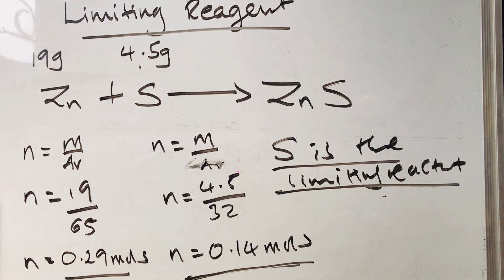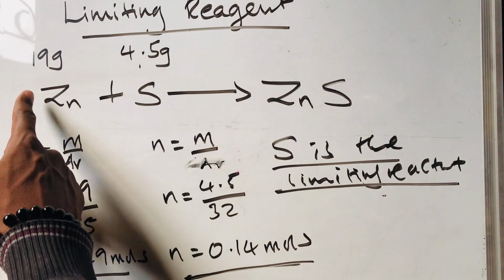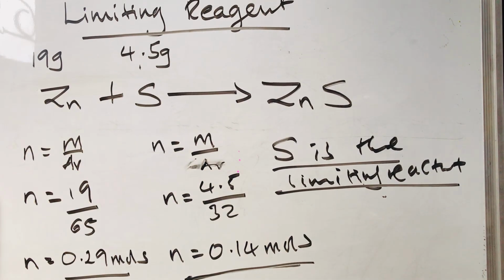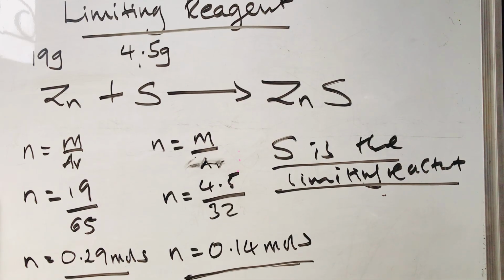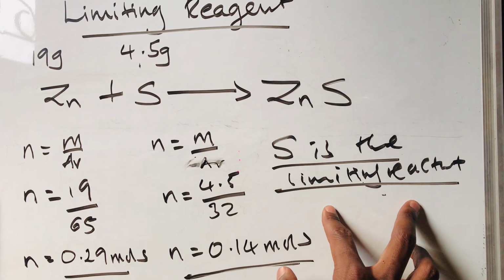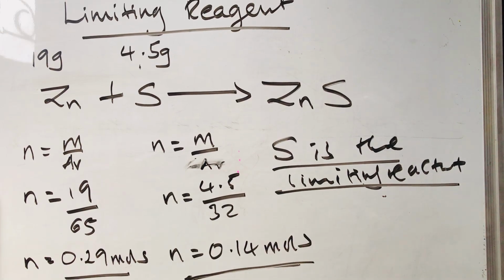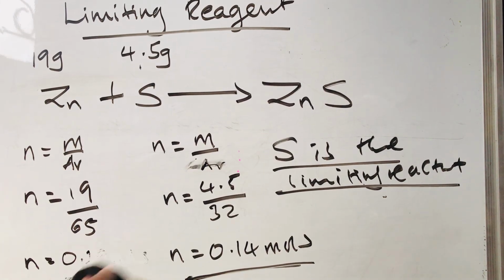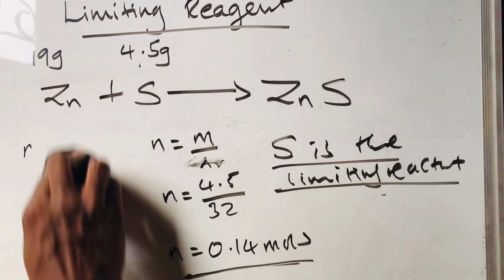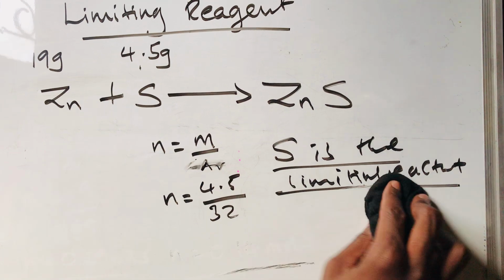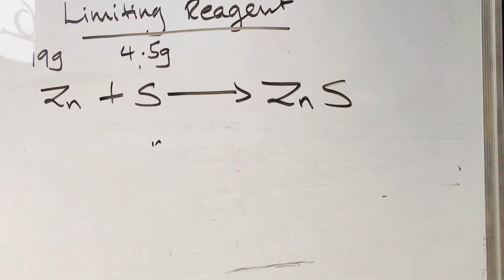You only conclude like that if the mole ratio is 1 to 1. But if the mole ratio was not 1 to 1, you would have to do something to prove that it is sulfur. In some cases, it can change. So the limiting reactant, LR, is sulfur, having 0.14 moles.